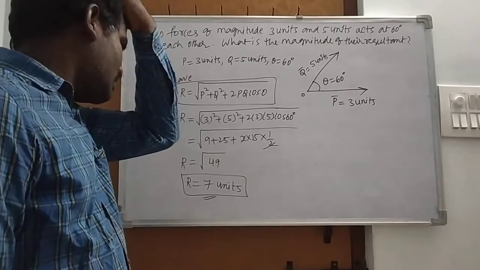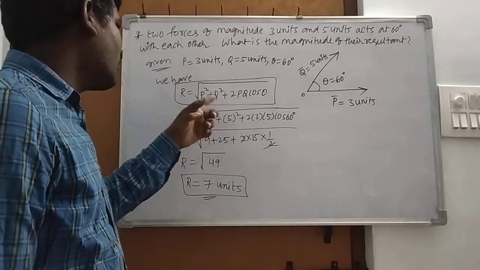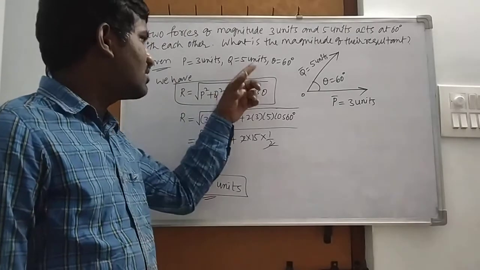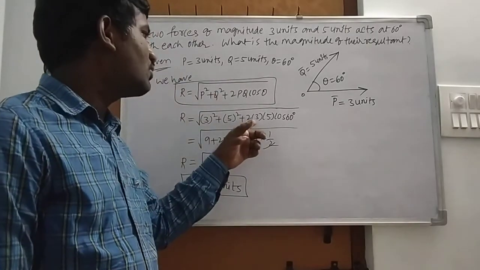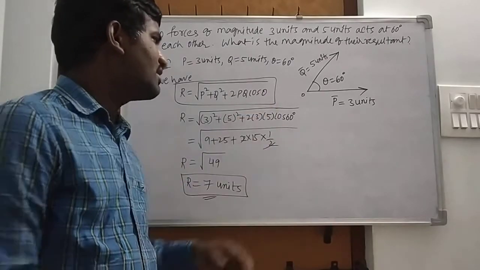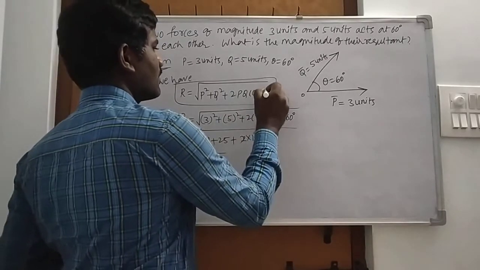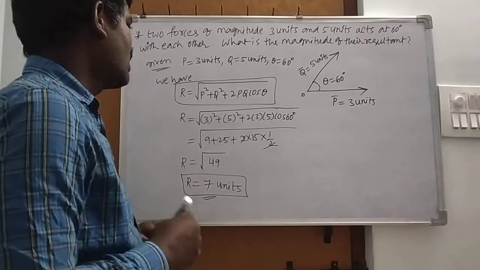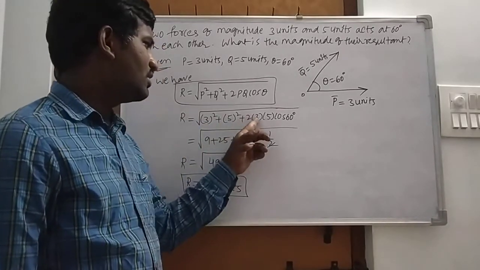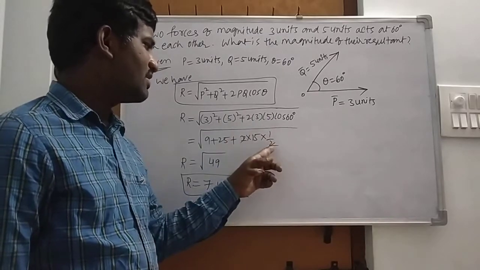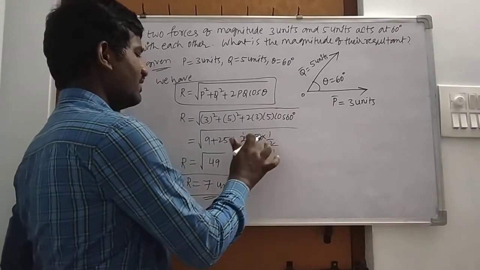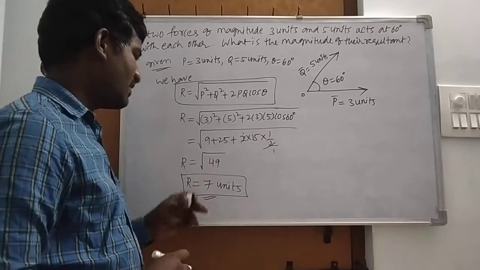So R is square root of 3 square plus 5 square plus 2 into 3 into 5 cos 60. That is 9 plus 25, 2 into 15 into 1 by 2, the 2 cancels, 15 plus 25 is 40, 40 plus 9 is 49.